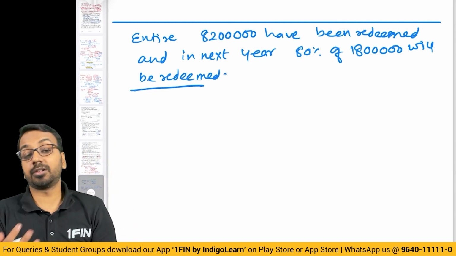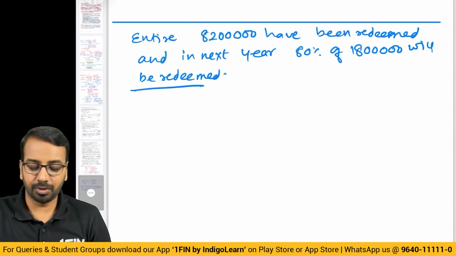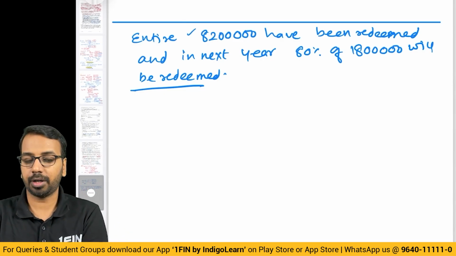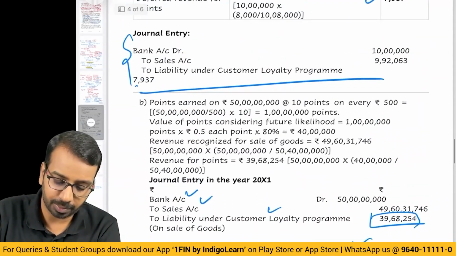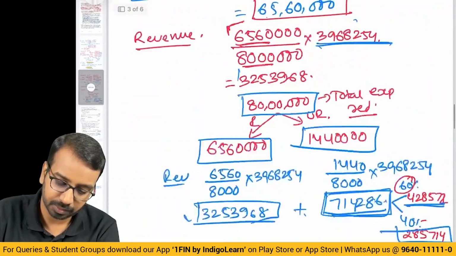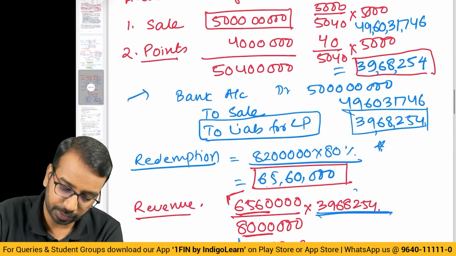Okay. Now here also there are two scenarios possible. One, we already know or we are doing it at the year end, then we will consider 82 lakhs and do the accounting for it. Or otherwise, whatever revenue we have allocated based on our estimate of 80%, that is 3,968,254.